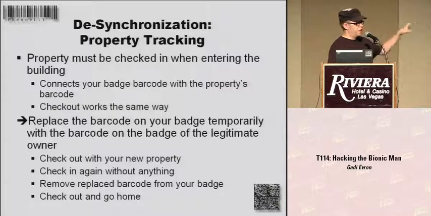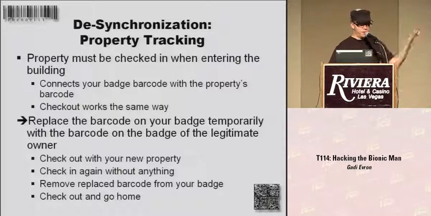In this company that I'm contracting there, they do property checking by, you go and you get a barcode and stick it on your laptop, and then they say this barcode belongs to this guy, so this is FX's laptop. And when you check out, they scan the barcode and they see if that's yours. So what you do is you replace the barcode on your badge, just the barcode, not the number, temporarily with the barcode on the badge of the legitimate owner.